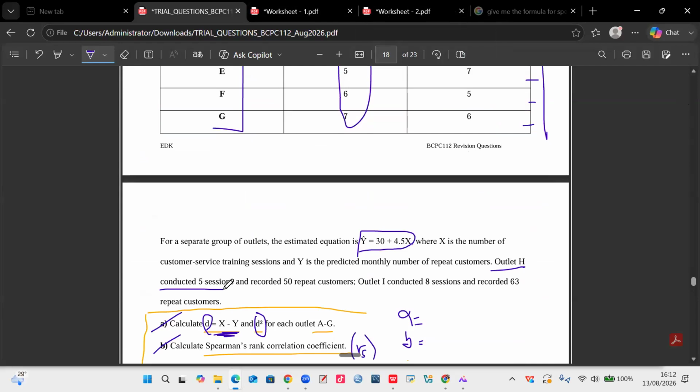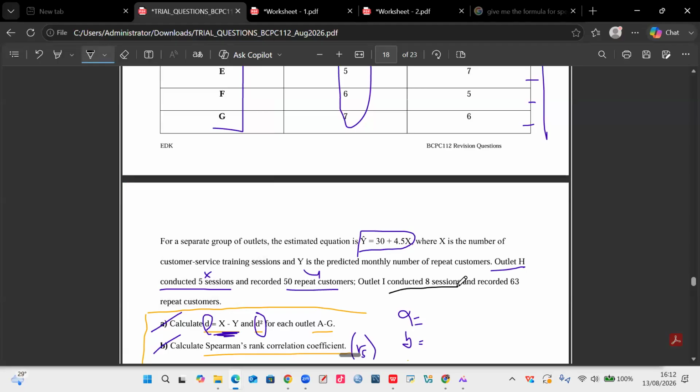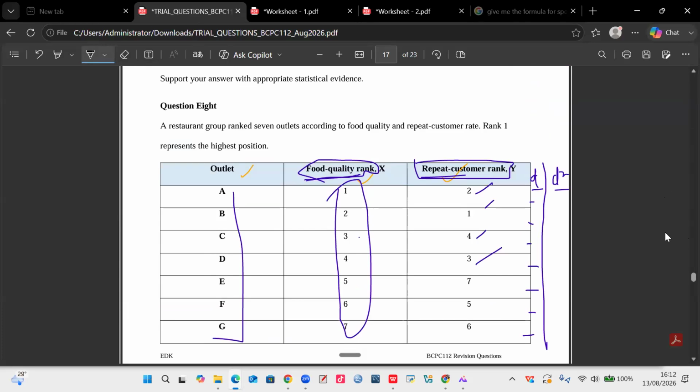H conducted 5 sessions and recorded 50 repeat customers. So the 5 sessions is the X, and the 50 repeat customers is the Y for H. For I, 8 conducted sessions is the X, and 63 repeat customers is the Y. Are you getting it?